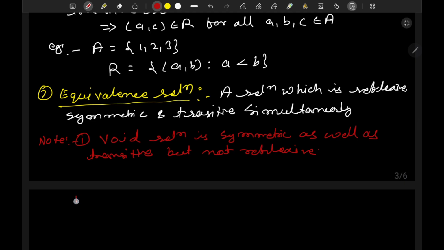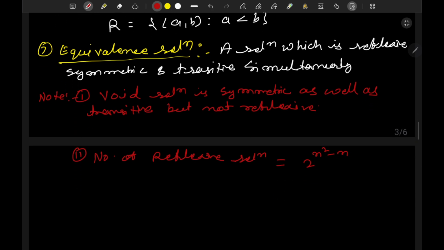Second note: the number of reflexive relations is equal to 2 to the power n squared minus n, and the number of symmetric relations is 2 to the power n squared plus n upon 2. Thank you.